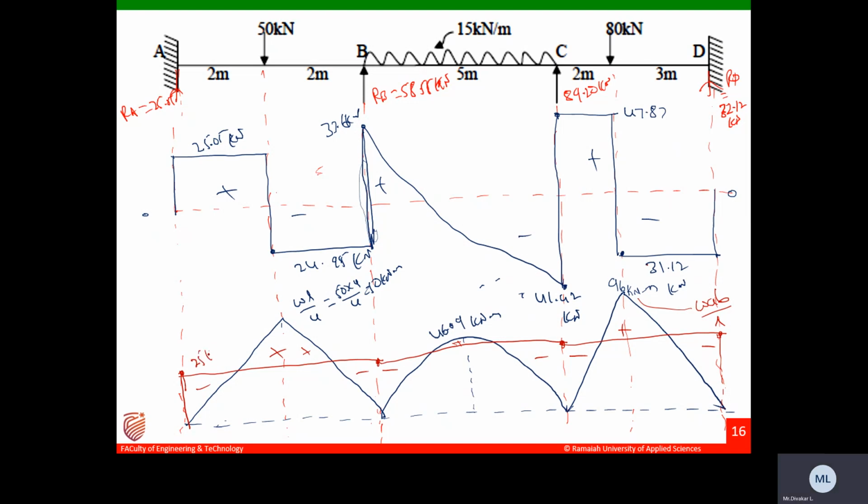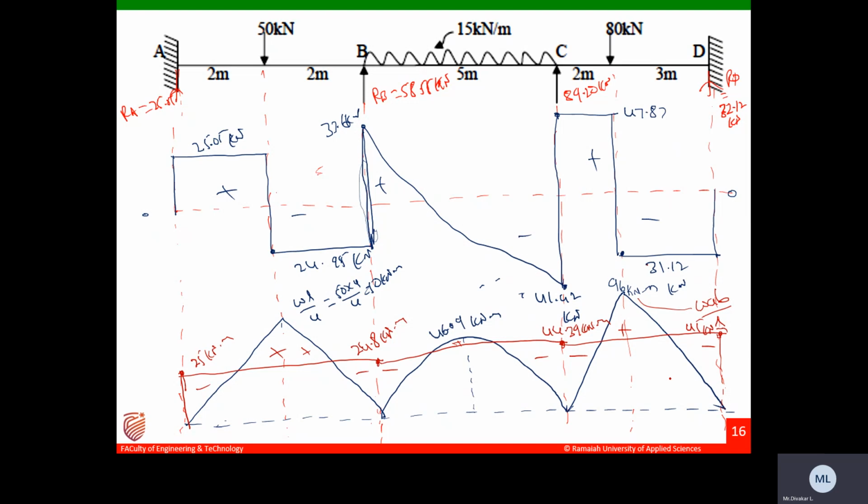This is 25 kilonewton meters, this is 24.8 kilonewton meters, this is 44.39, and this will be 45 kilonewton meters.